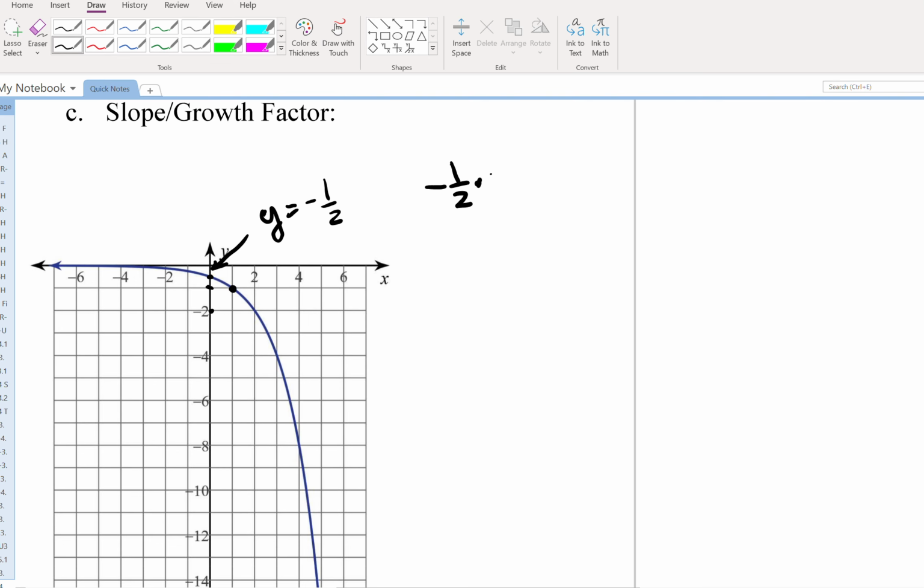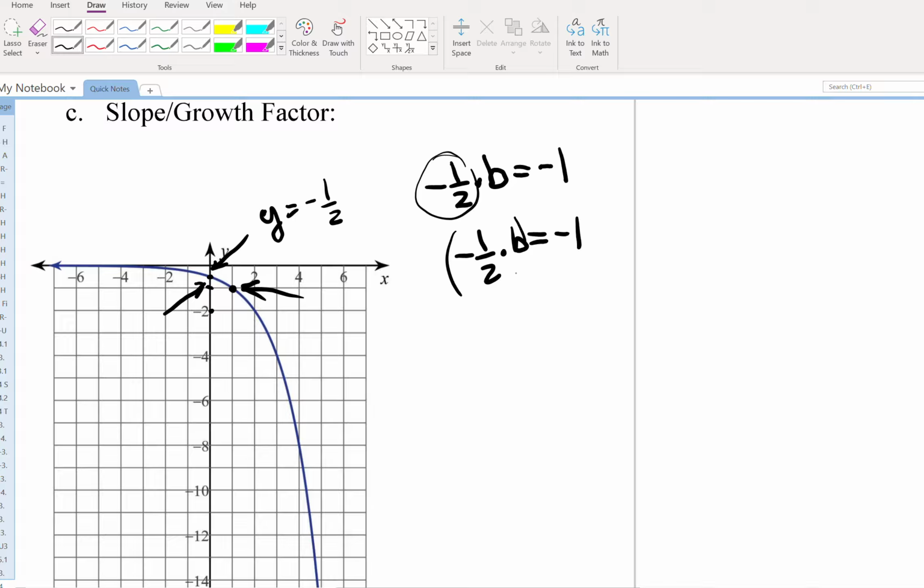So I got negative 1/2 right there times some number b is equal to the next one here, negative 1. And so I want to get b alone. I want to convert this into 1. Since it's negative, I'm going to multiply it by negative. So I got negative 1/2 b is equal to negative 1.